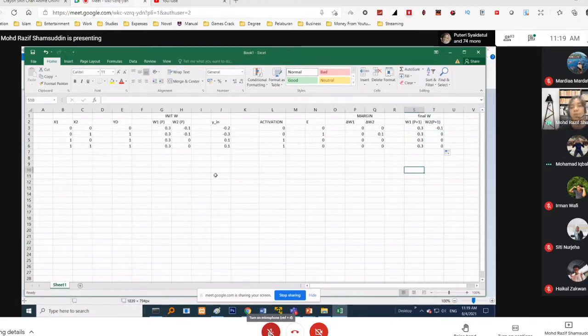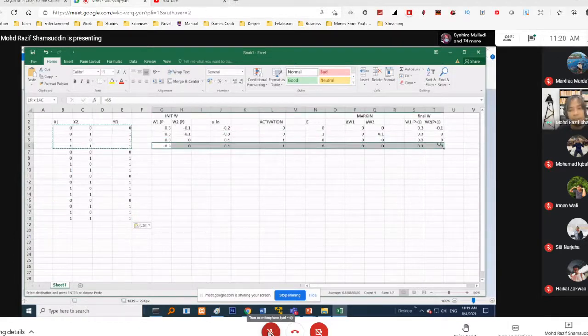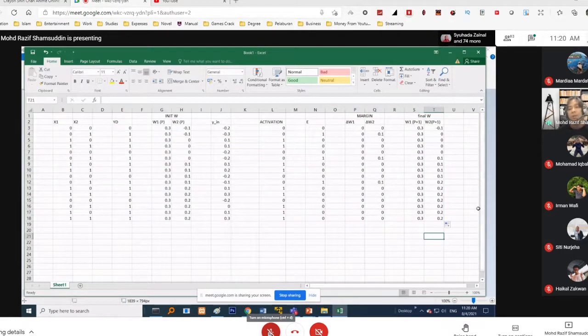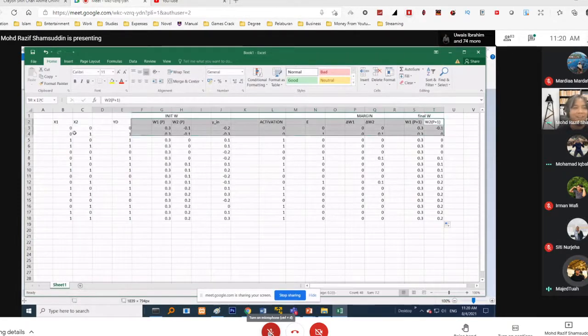Dapat tak? Sama tak dengan you punya ni? Sama sir. Okay. So because I know that we have 4 iterations, so I'll just drag ke bawah. Okay, so the final weight is 0.3 and 0.2. Sama tak dengan jawapan you? Sama. Wah. Saya buat dalam 3 second, kita orang buat dalam 20 minutes.